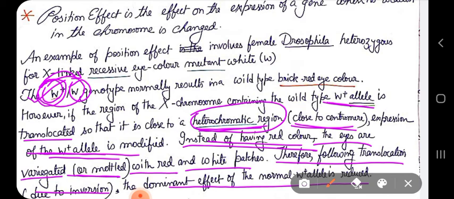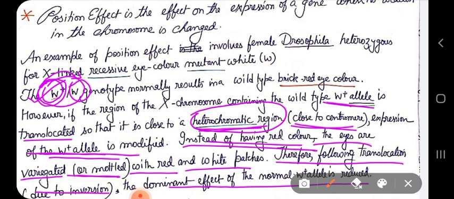Now, if a female fly has X chromosomes, one having a dominant W plus allele, and in another X chromosome of that homologous pair having the W allele, due to the presence of the dominant W plus allele, it will express its feature, that is the brick red eye color.